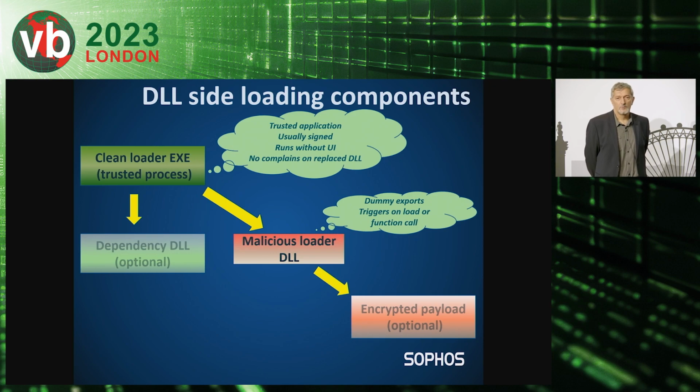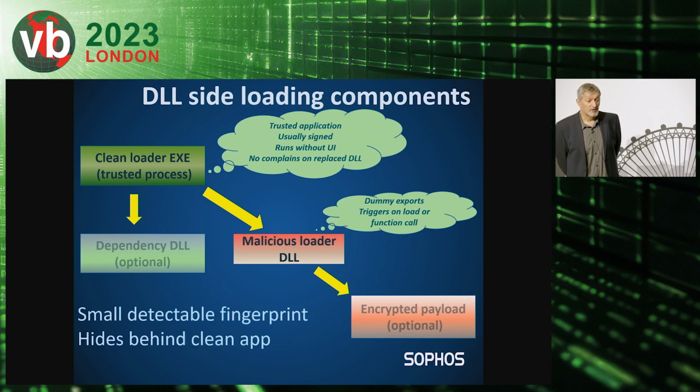And optionally, there could be another component, the encrypted payload that is loaded by the DLL. In some cases, the entire business logic, the entire malicious content is within the malicious DLL, the sideloaded DLL, but it is somewhat beneficial to store it in an encrypted file because it minimizes the detectable fingerprint.